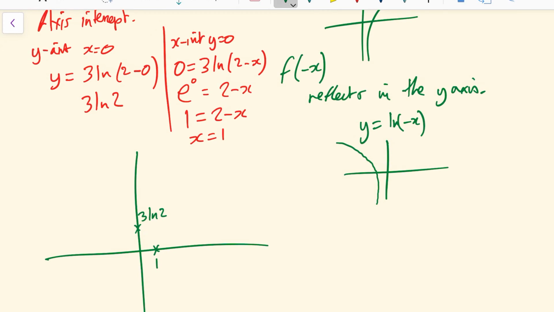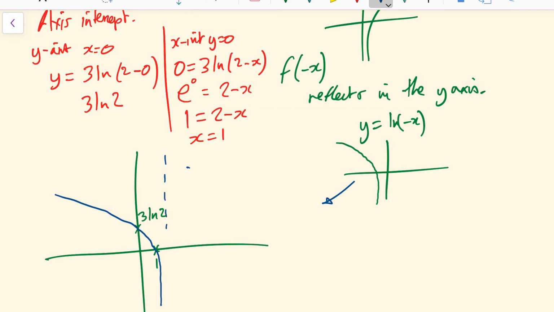So bringing together the two axis intercepts which I've marked on here, and also the shape of the graph here, we can see that our graph is going to look like this here. I haven't put the asymptote on there. I could do.